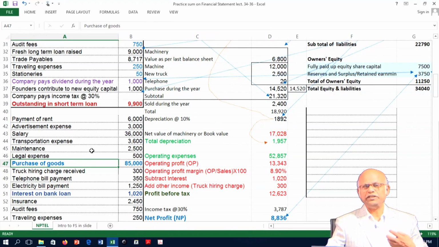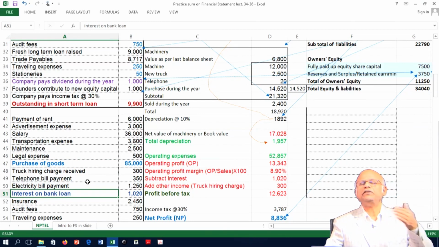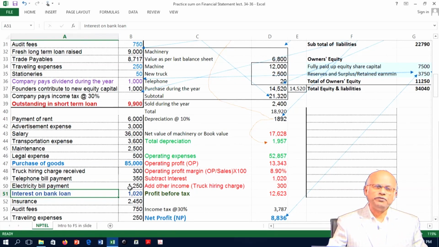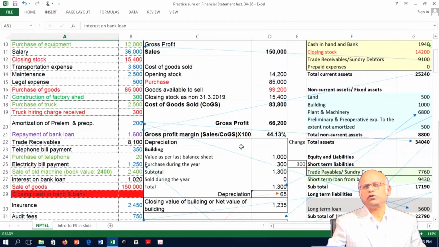You may purchase a lot of things, but you may not consume all of that. Similarly, interest on bank loan is a revenue expense, but we want to separate it from other operating expenses, because operating expense does not include interest. So we find operating profit, then deduct interest on bank loan to get profit before tax, on which we pay tax. This whole thing is about first estimating gross profit by estimating cost of goods sold.